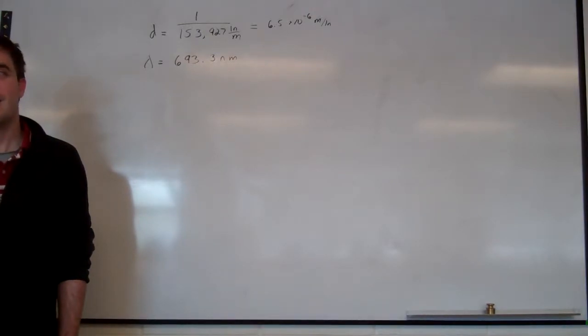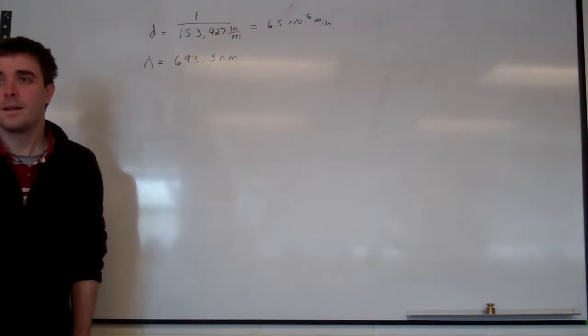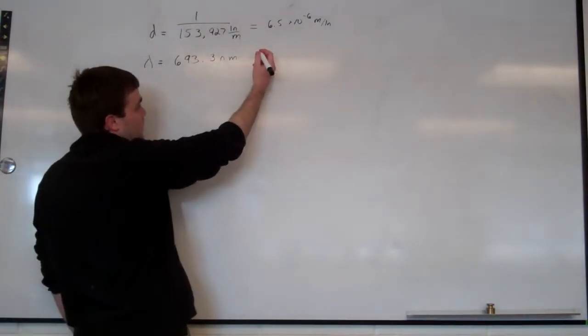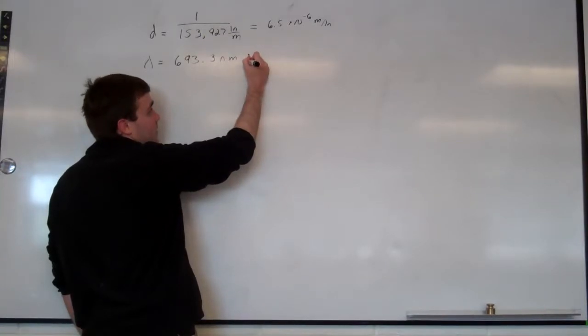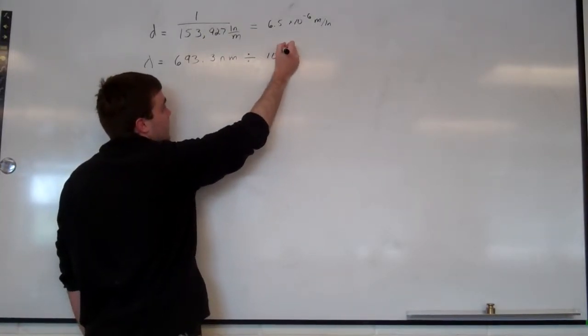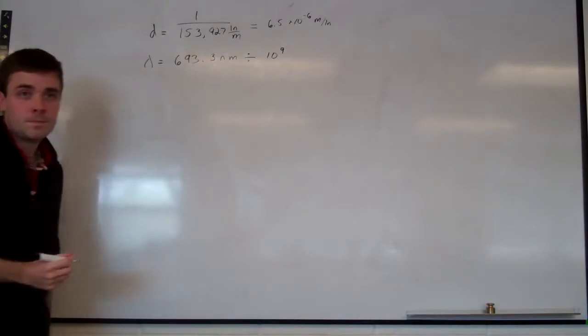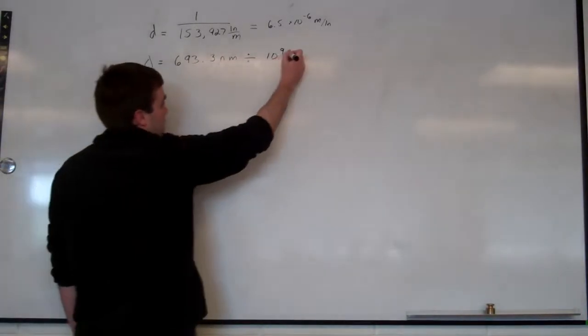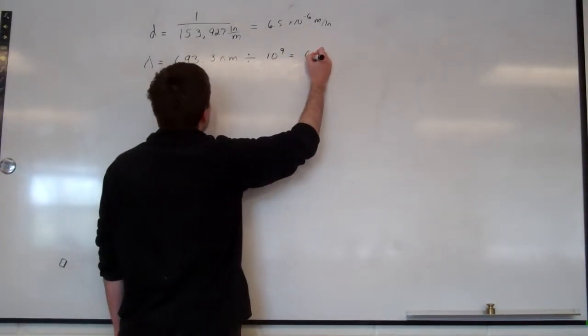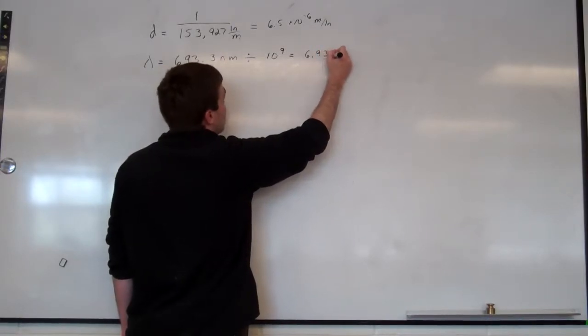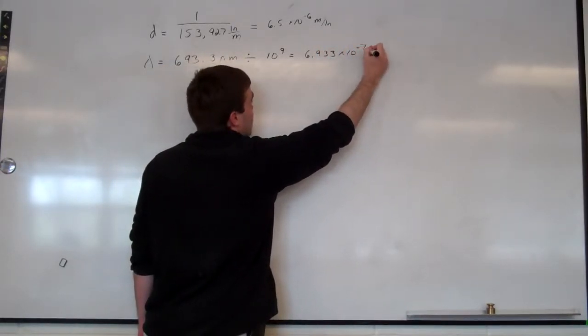You can write it on your note card. To get from nanometers to meters, we divide by 10 to the 9th. So this ends up equaling 6.933 times 10 to the negative 7th meters.